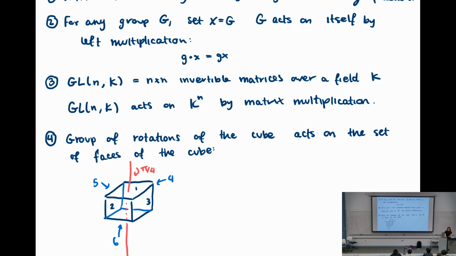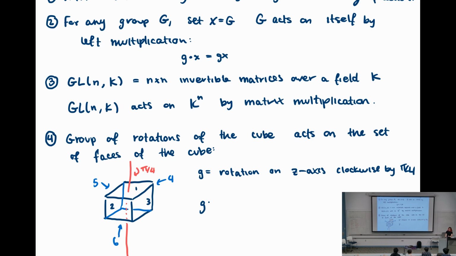So let's say this is our group element G. So this is rotation on the z-axis clockwise by pi over 4. So what this does is G times the set of faces.